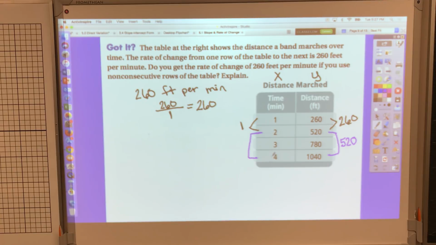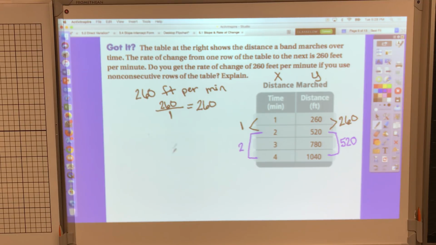And over here, from 2 to 4, it's a change of 2. Now make sure if you're doing rate of change, you look if your numbers are going up or going down, because your change in x could end up being a negative number, or your change in y could end up being a negative number. If they're going down, they're going to be negative. If they're going up, like this one, they're going to be positive.